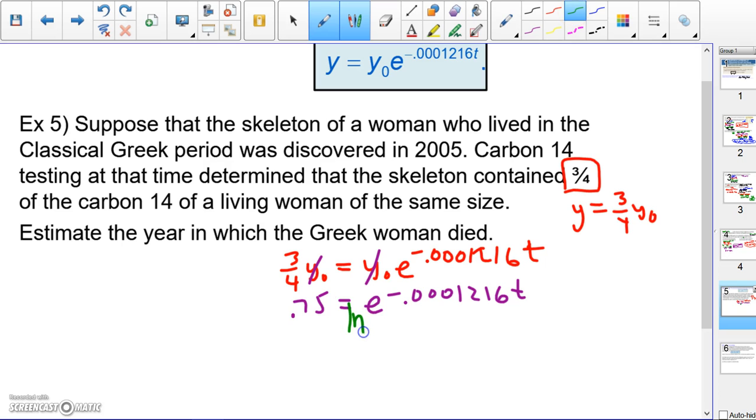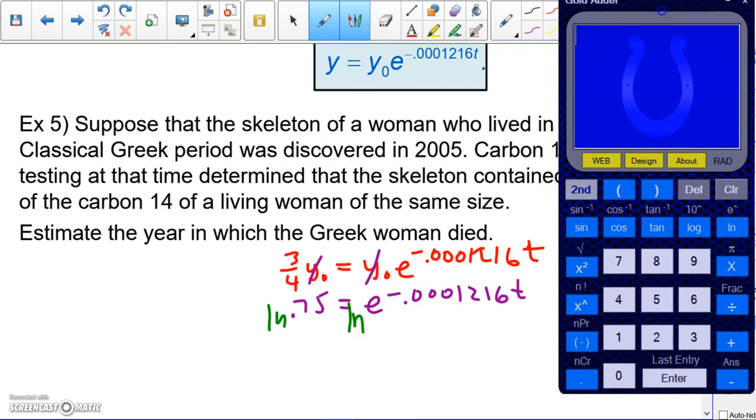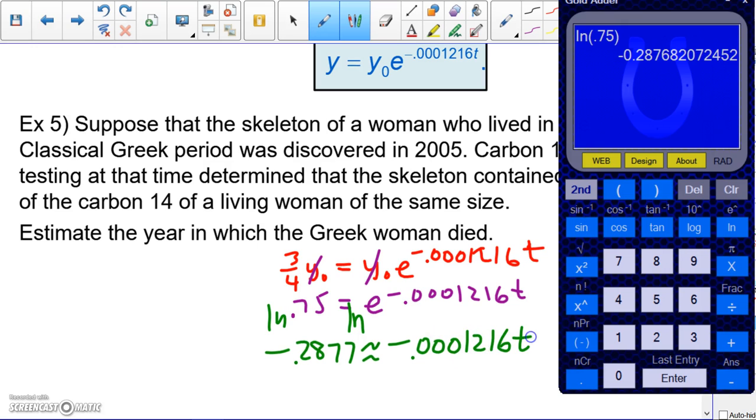You should know by now, to get rid of that e, we take the natural log of both sides. So we do natural log of 0.75, that's the 3/4. We get about negative 0.2877 or so, equals negative 0.00012116 t. We keep doing the same things. We're going to divide by that negative 0.00012116.